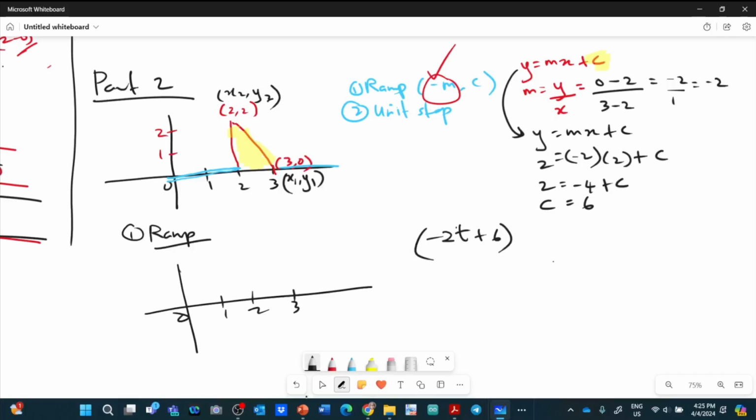This is the signal for the ramp. Betul? Okay, gantikan je tadi. M tadi minus 2. C yang ni. Okay. So, you dapat minus T plus 6. So, minus T plus 6 is a signal whereby if you plot it cross section at C.